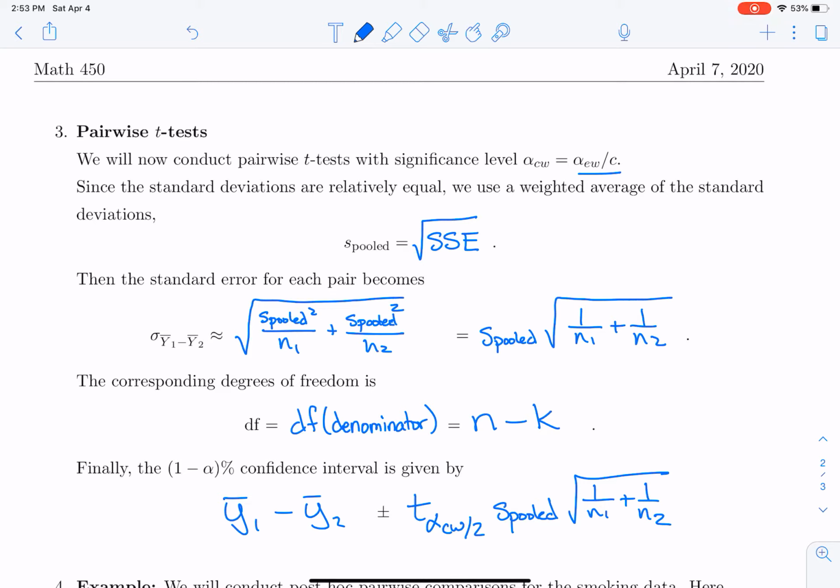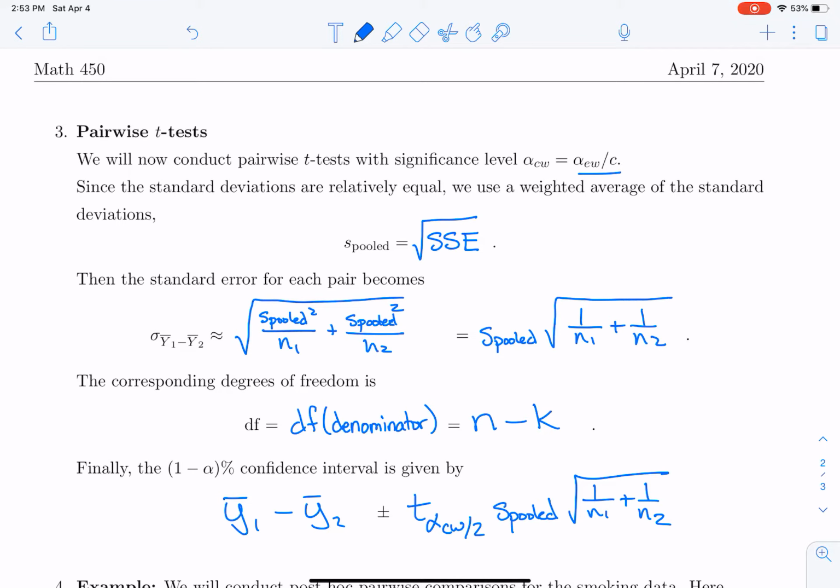And that would be the confidence interval for one of those pairs. Now notice that our t value comes from a much, much lower significance level than we considered before.